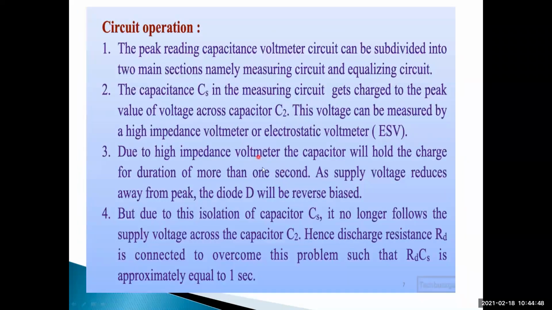So by reading this, you can easily understand. The peak reading capacitance voltmeter circuit can be subdivided into two main sections, namely the measuring circuit and the equalizing circuit.